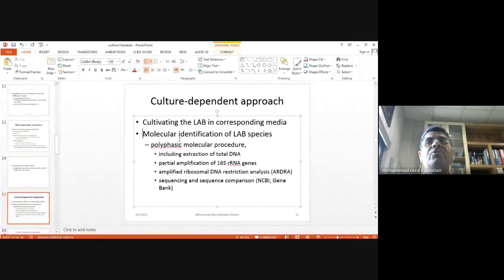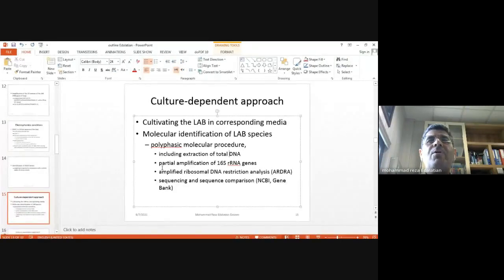For molecular identification of lactic acid bacteria, we have a polyphasic molecular procedure. First of all, we should extract the total DNA from the lactic acid bacteria colonies which have grown in a medium.